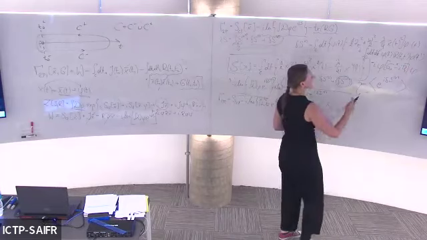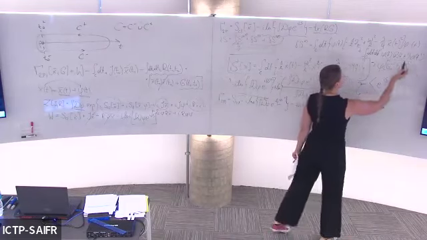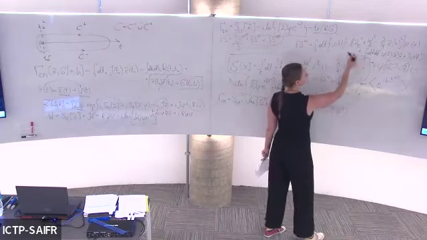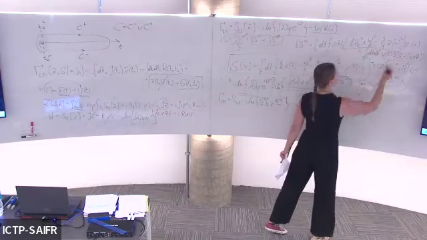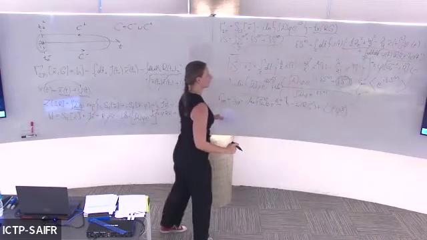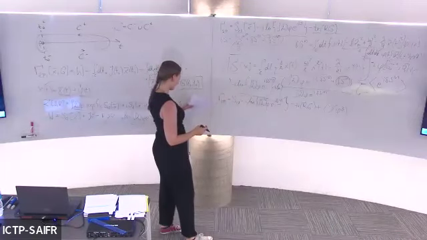So R comes from here. So G0 inverse is this guy. Why am I saying this is the bare propagator inverse?